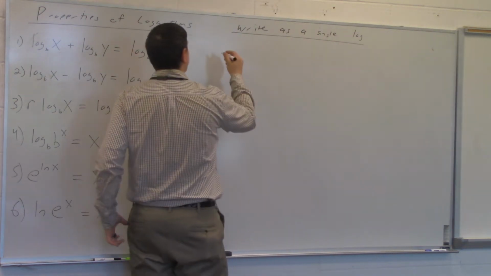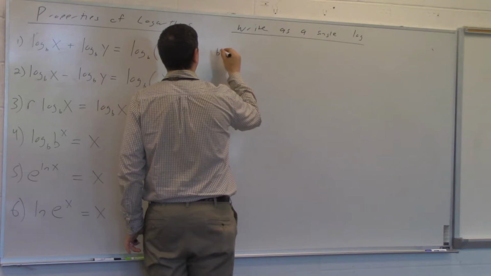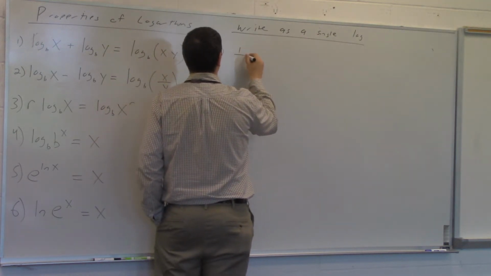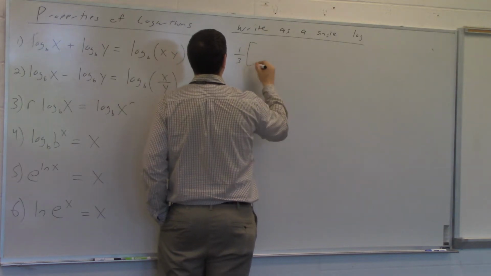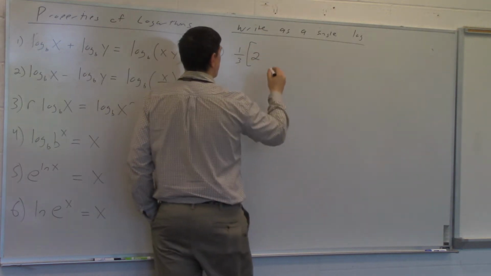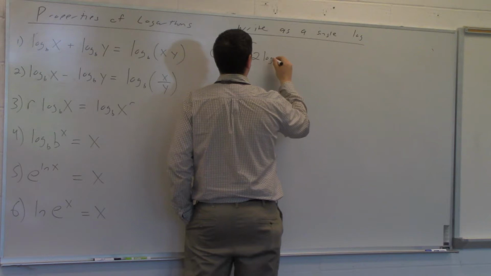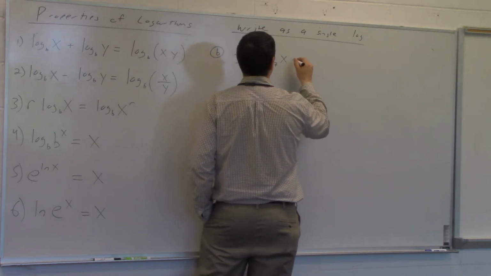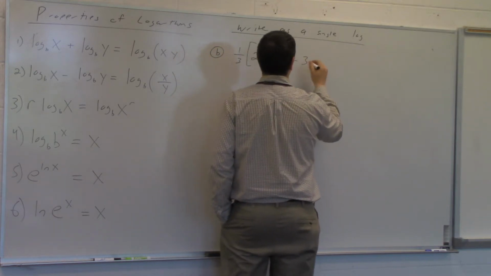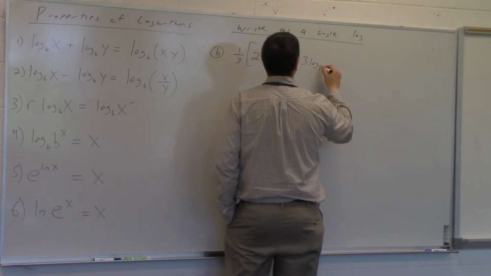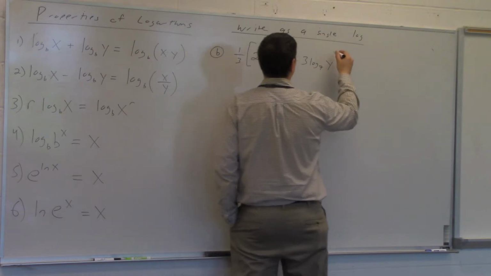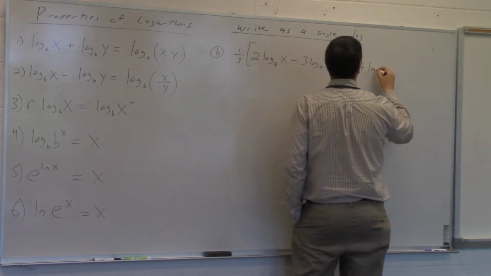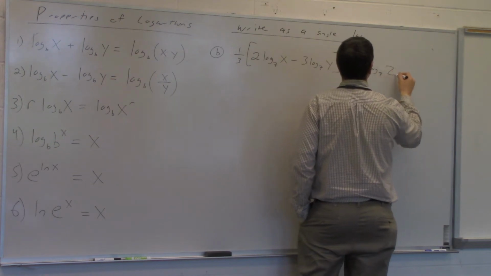Perhaps something like this. Let's say I have something to the effect of 1/3 quantity 2 log base 7 of x minus 3 log base 7 of y plus 7 log base 7 of z.